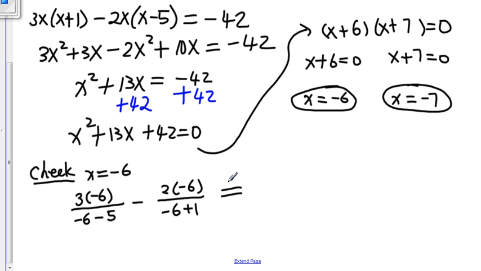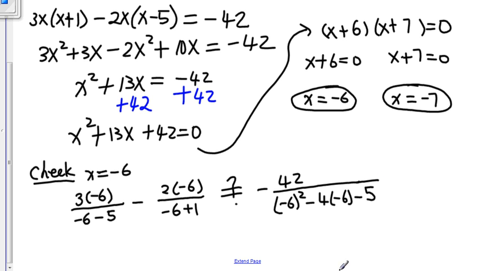Is that equal to negative 42 over x squared, that would be negative 6 squared, minus 4 times negative 6 minus 5?